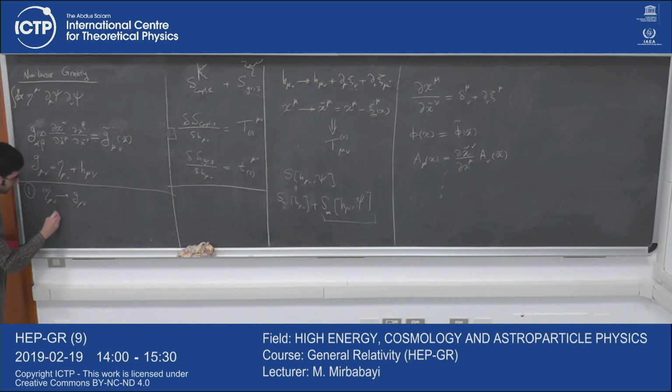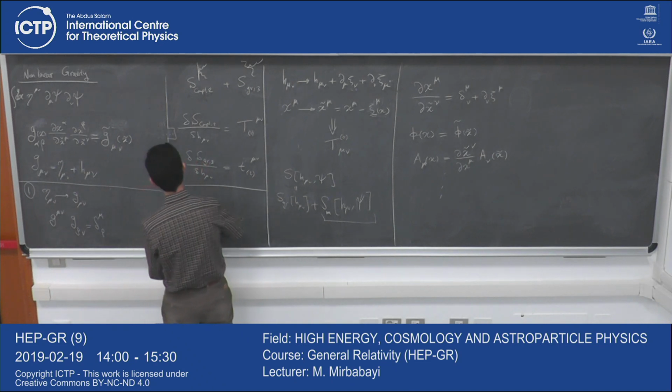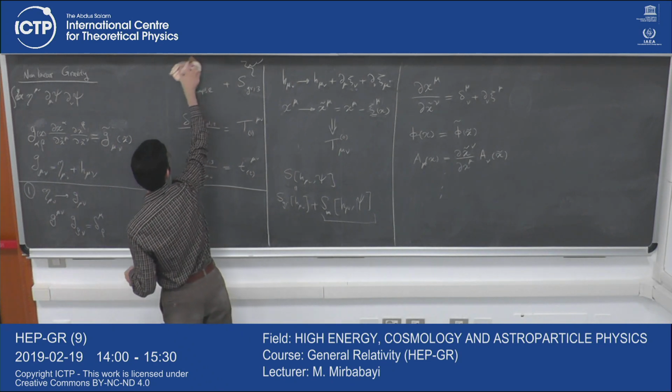So we define the inverse metric g mu nu, which has the following property: g mu nu g rho nu is equal to delta mu rho. So the upper index g mu nu is just defined as the inverse of the lower index g mu nu.